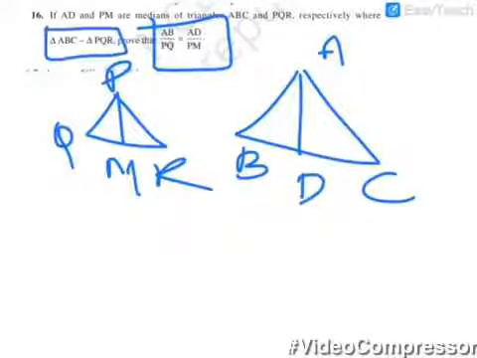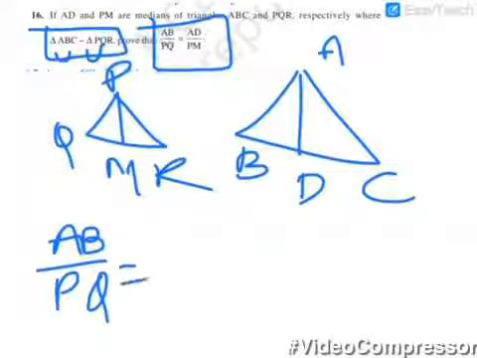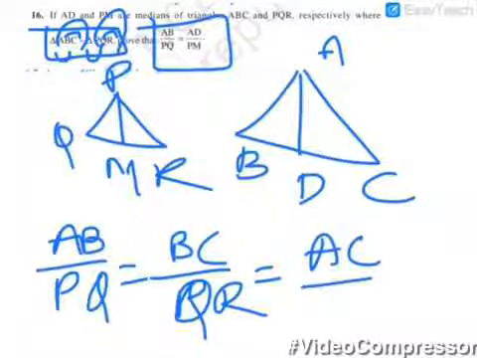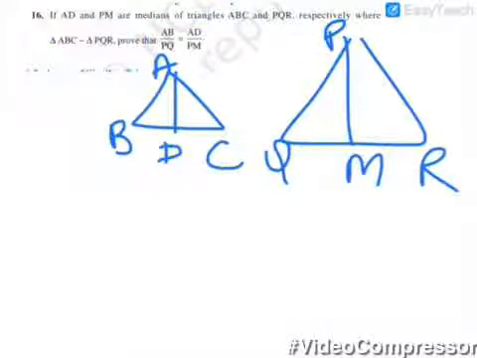Since ABC is similar to PQR, we can write AB by PQ is equal to BC by QR is equal to AC by PR. Just a moment, we have taken the pictures in a different model. Let's see, no problem.